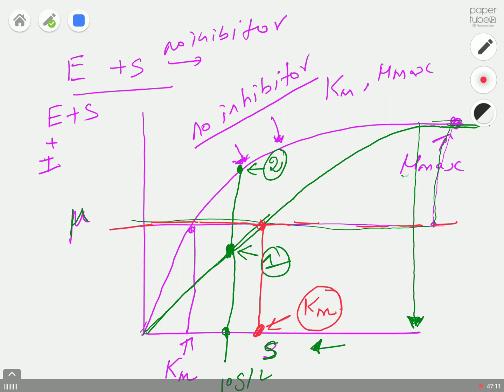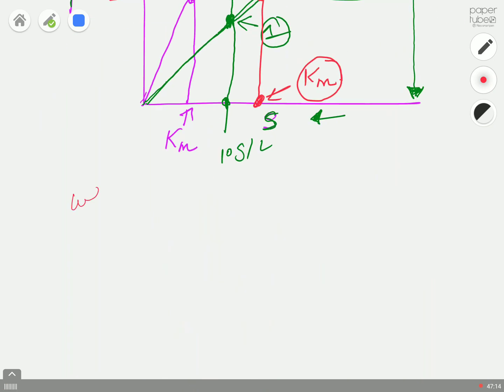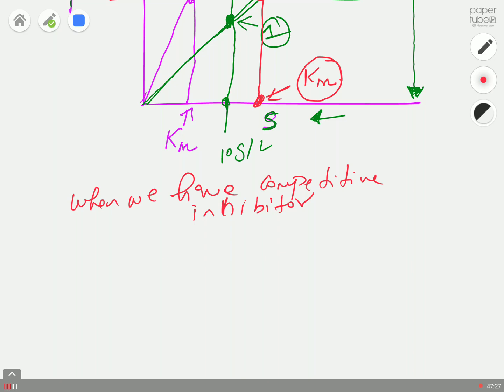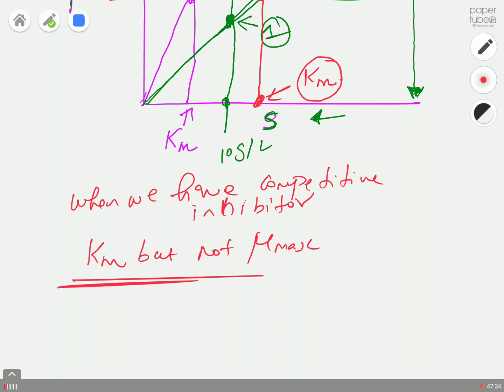So what it says is that when we have a competitive inhibitor, your inhibitor will alter only the Km value but not your maximum initial velocity. Your Km value will be altered by some amount, multiplied by alpha. So this is nothing but your Km dash.